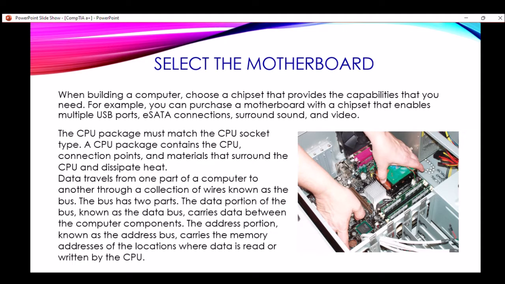The bus has two parts: the data portion, also known as the data bus, that carries data between the computer components, and the address portion, also known as the address bus, which carries the memory addresses of the locations where data is read or written by the CPU. There is also a third type of bus, known as the control bus, used to control both the data and address buses.